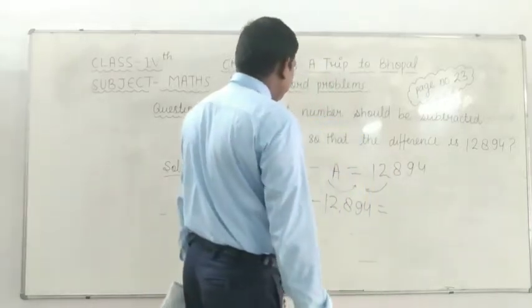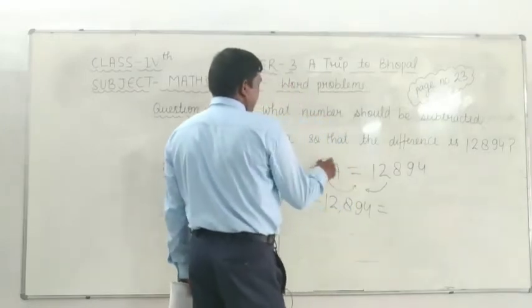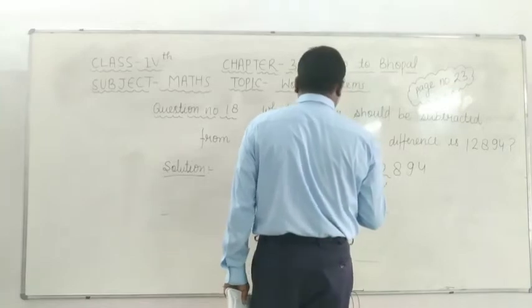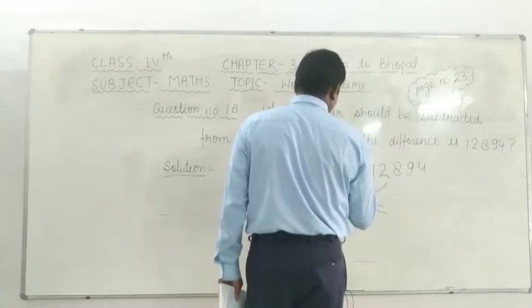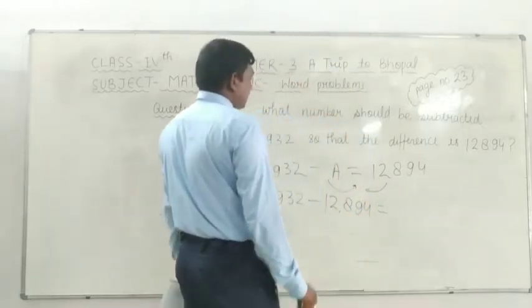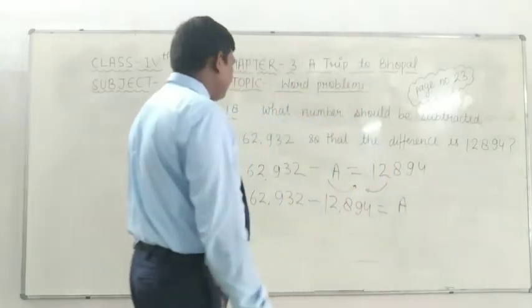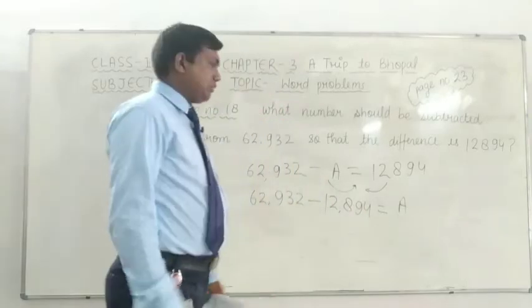Okay, if we have to replace minus A from the left-hand side to the right-hand side, then here we get A. Okay, after subtracting these we get the answer of this question.